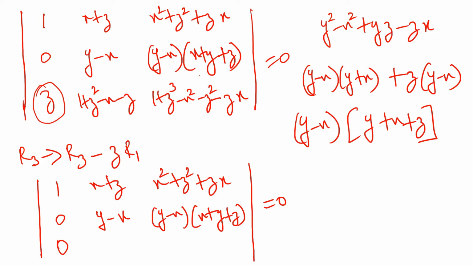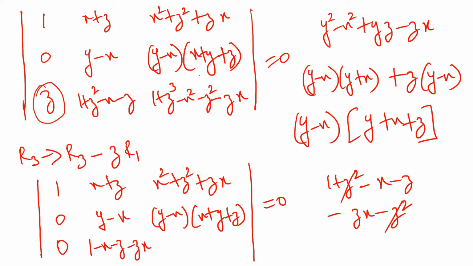And at the second position of the third row, we'll be getting now 1 plus z square minus x minus z minus zx minus z square. So that means it finally comes out to be 1 minus x minus z minus zx.